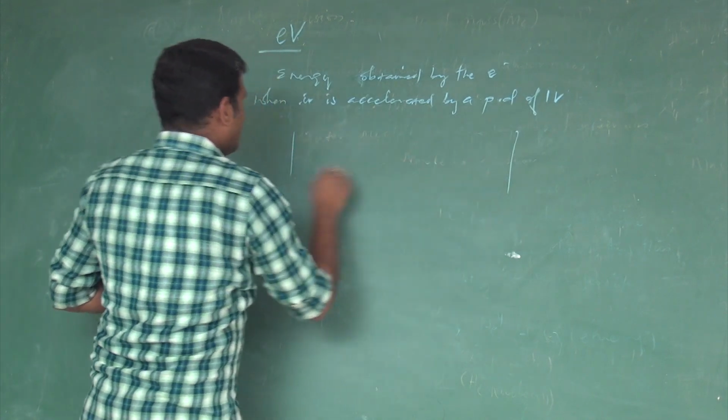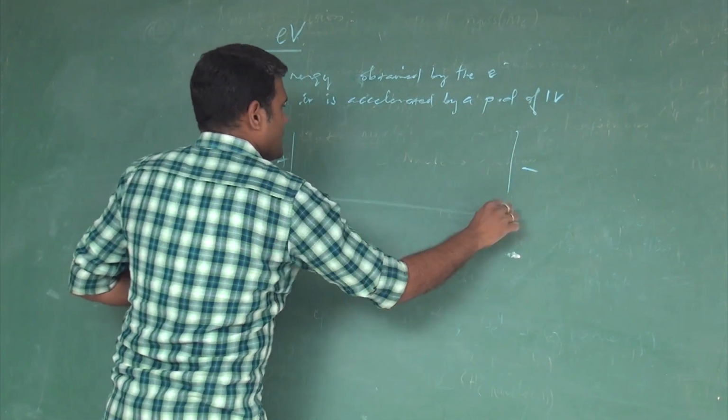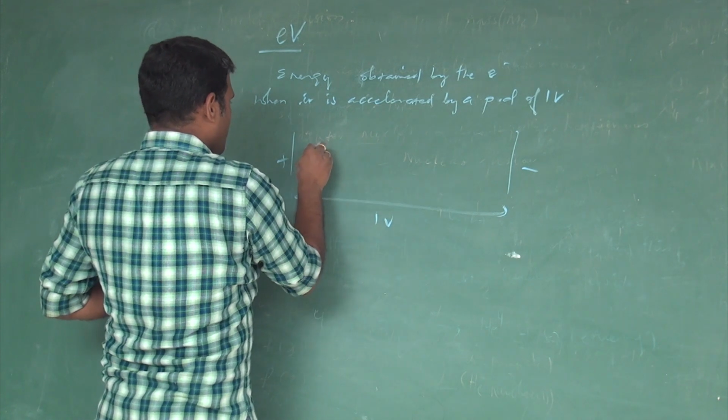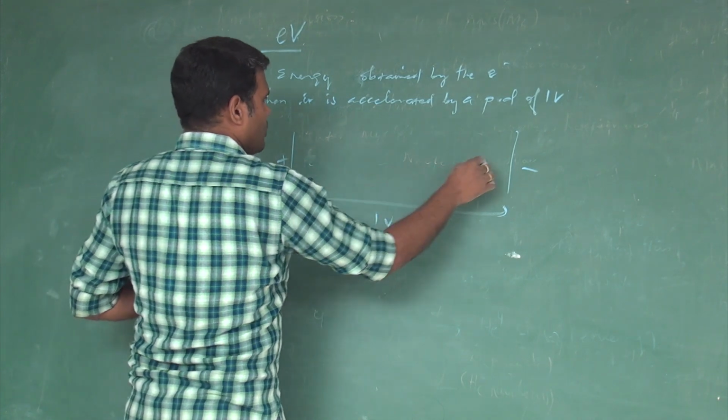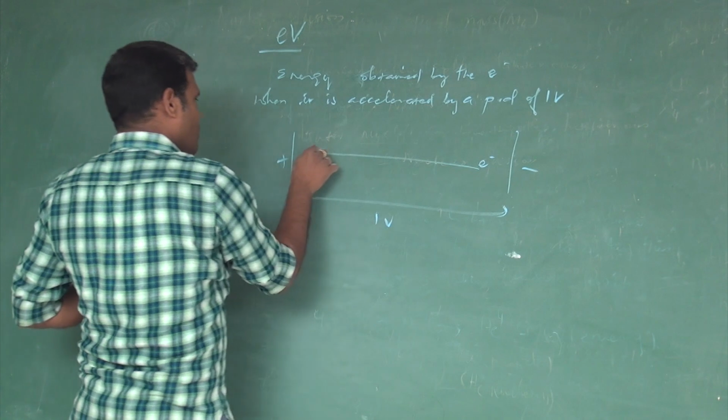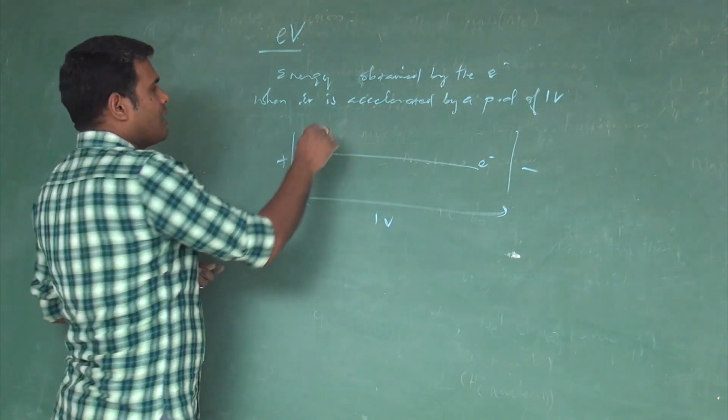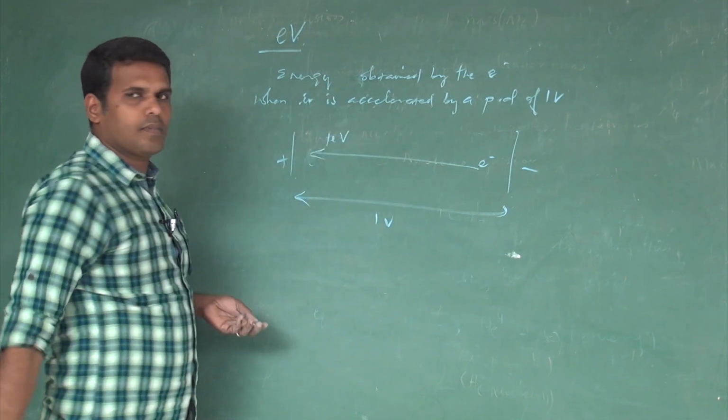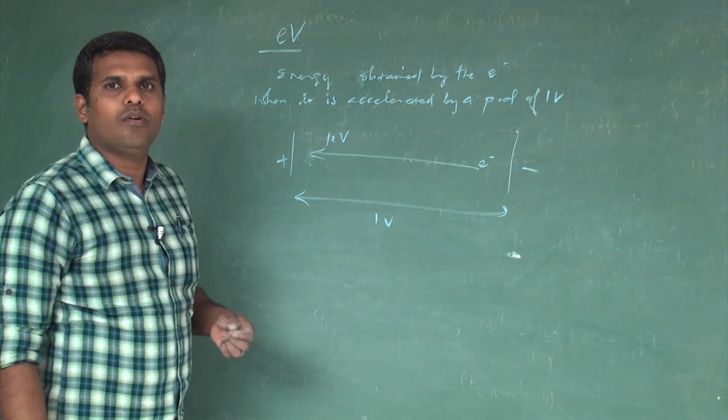If I accelerate an electron with a potential difference of 1 volt, the energy gained by the electron is said to be 1 electron volt.